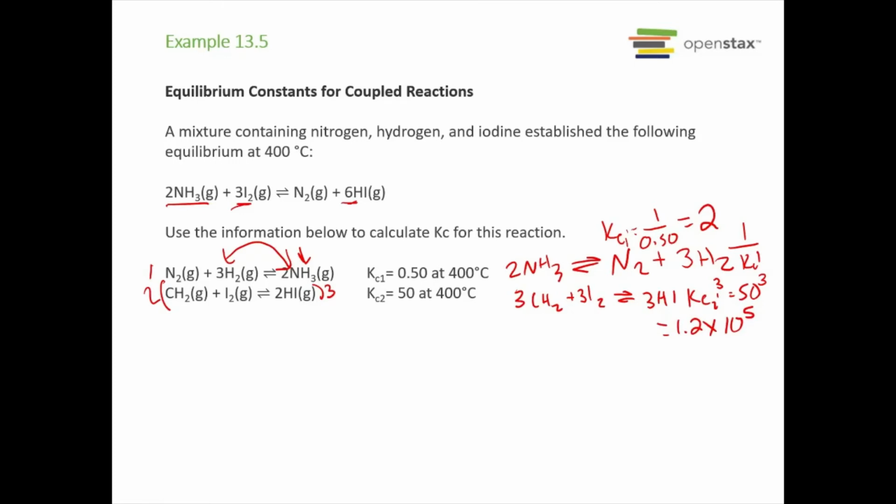So now we need to add our equations up. So I'm just going to rewrite them over here. 2NH3 goes to N2 plus 3H2, and 3H2 plus 3I2, not 2CH2, sorry, 3H2.